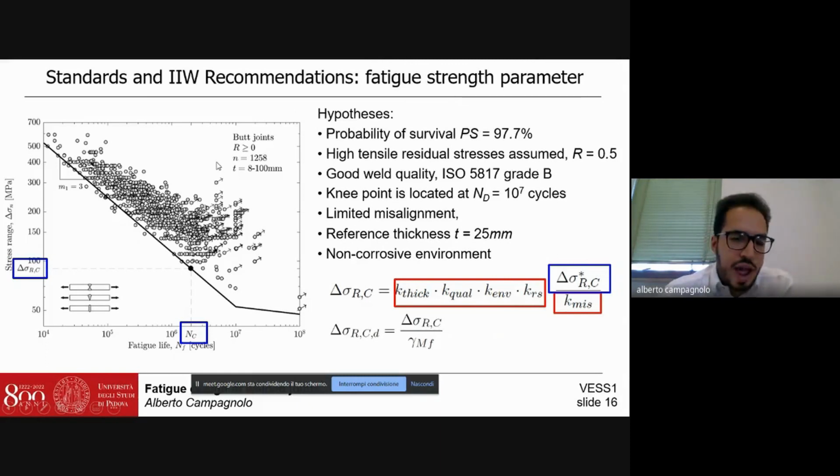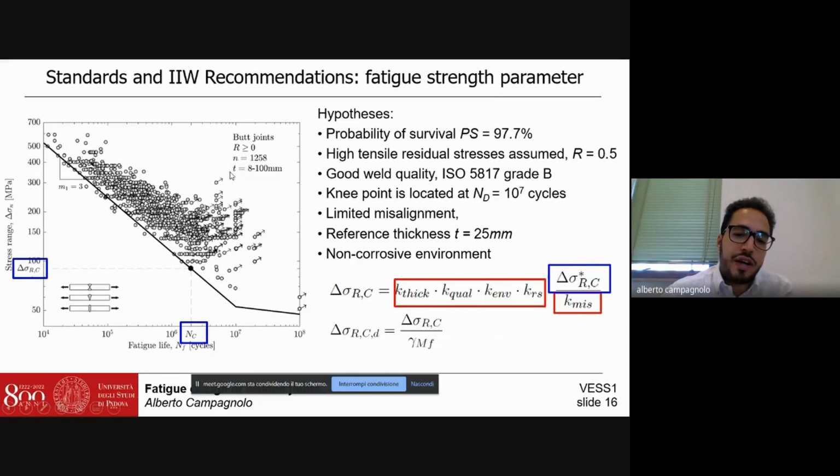Typically, standards and IIW recommendations report fatigue strength curves in terms of stress range as a function of the fatigue life, and these curves are fitted on a large number of experimental results generated by considering a given geometry, for example, butt-welded joints, tested under a precise load ratio, and by considering a wide range of geometrical parameters.